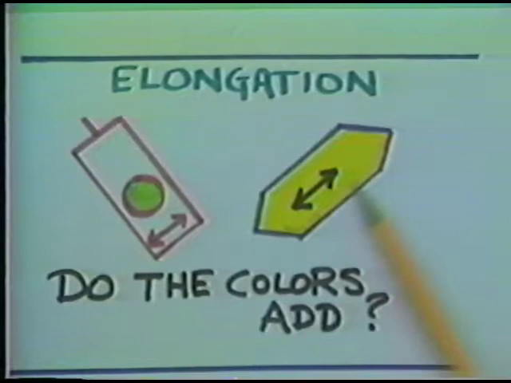If the colors add when the elongate mineral is parallel to the direction of the slow ray of the accessory plate, then the mineral has positive elongation. If they subtract, then the mineral has negative elongation. If the colors add, we may also describe the mineral as length slow. If the colors subtract, we may describe it as length fast.